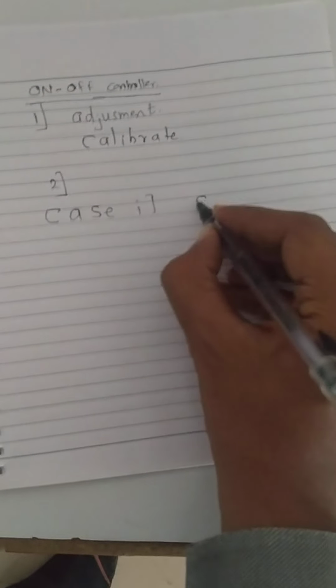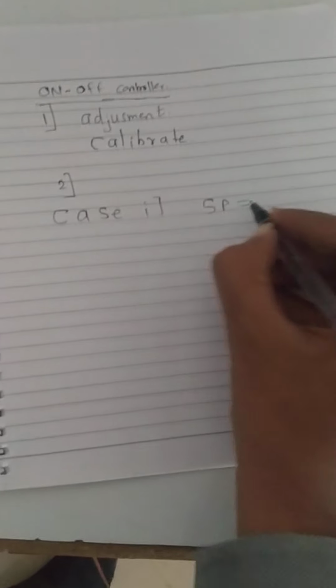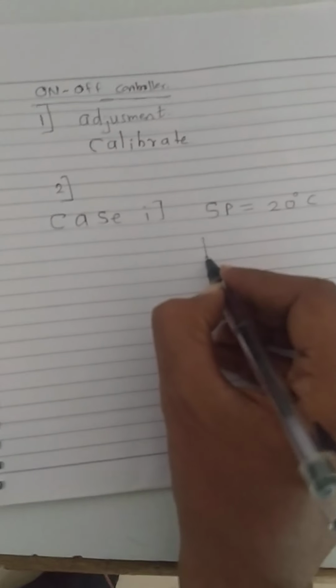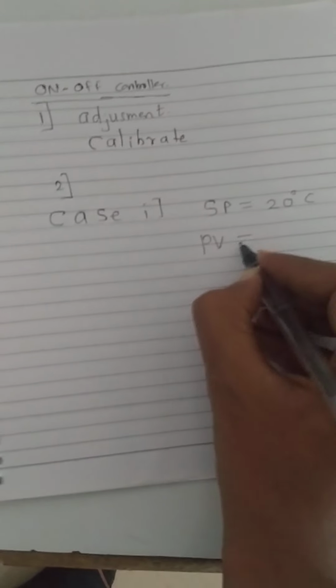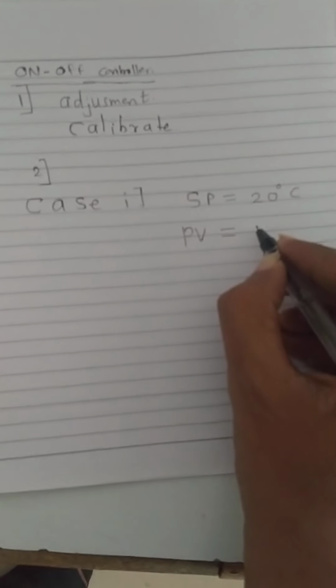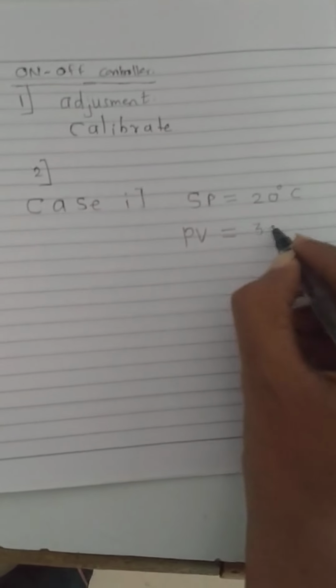In the first case, SP is equal to 20 degrees Celsius and PV is equal to 35 degrees Celsius.